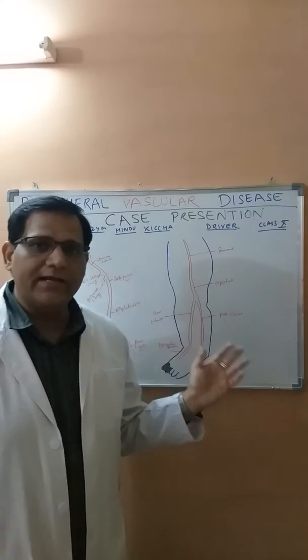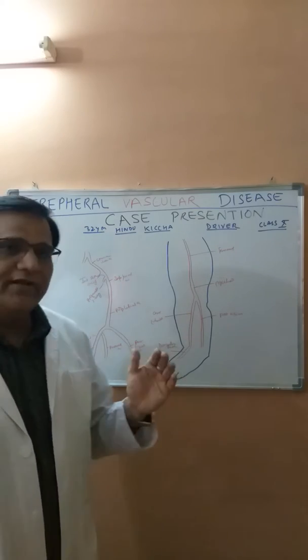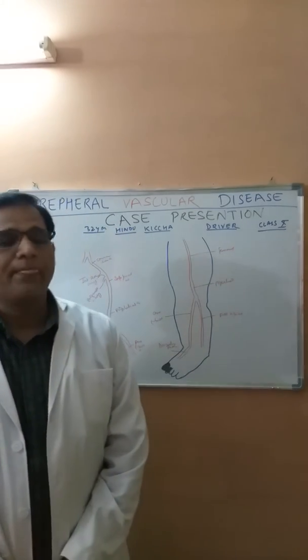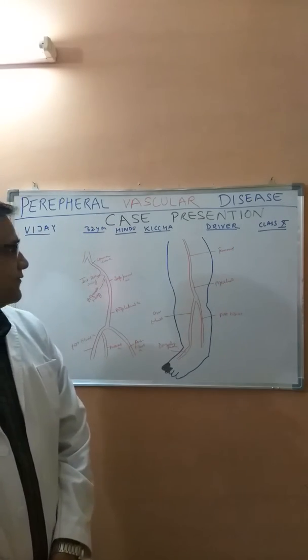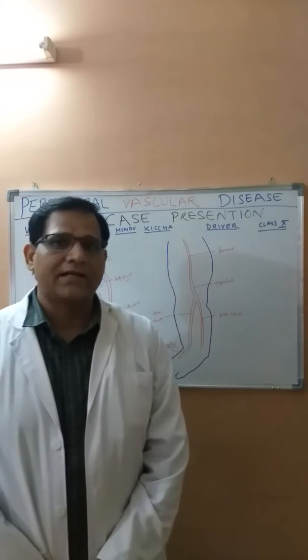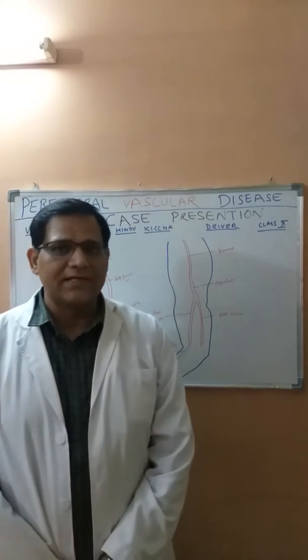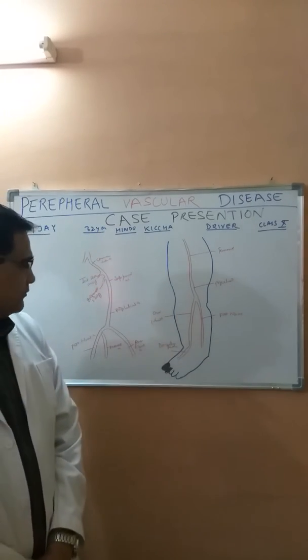Even if you elaborate it here, because smoking has some relation with the disease, we can say that the patient had been a smoker for the last 15 years, and he smokes BDs, at least one bundle of BD per day. So for the last 15 years he had been smoking.